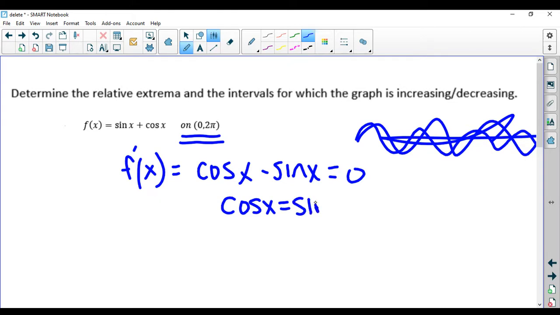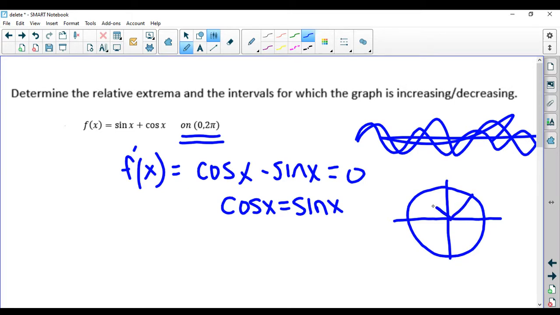Well, there you have it. This derivative equals 0 where cosine and sine are the same thing. So you have to kind of remember your unit circle. Cosine and sine are always the same, root 2 over 2, on the 45-degree angles or the pi over 4 angles.